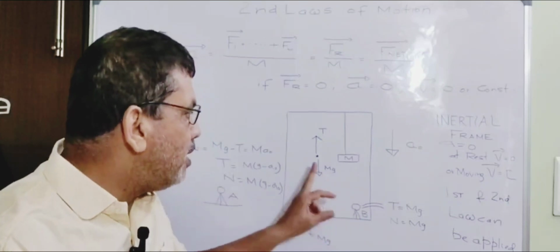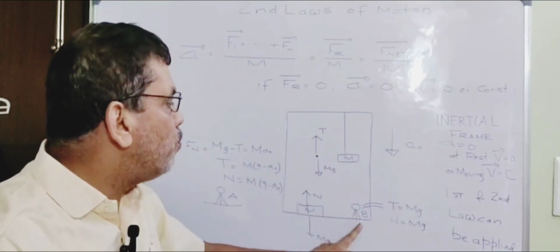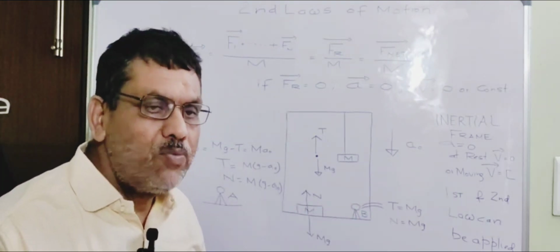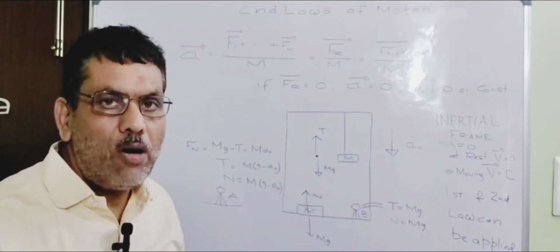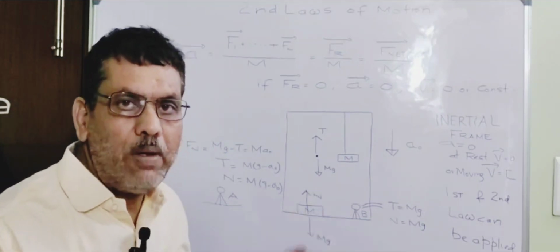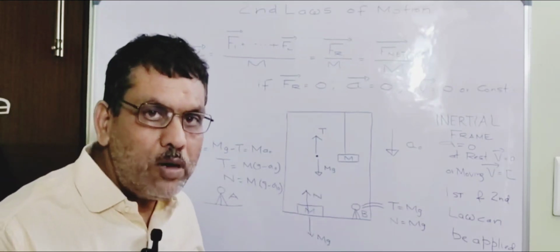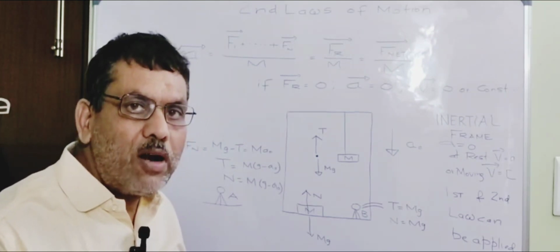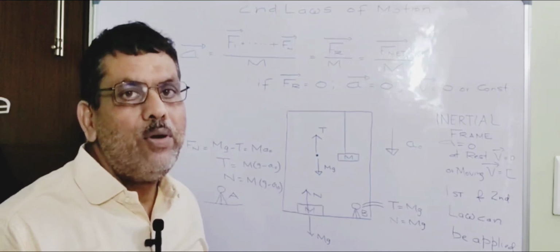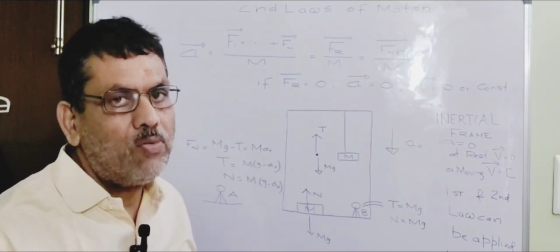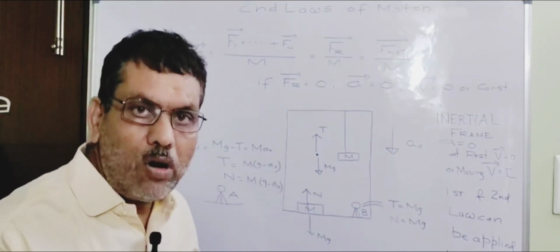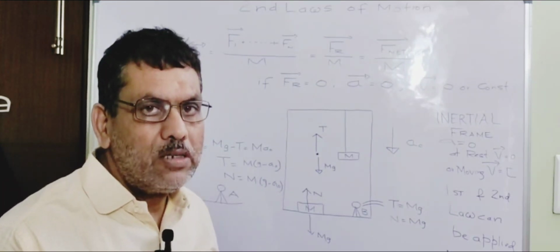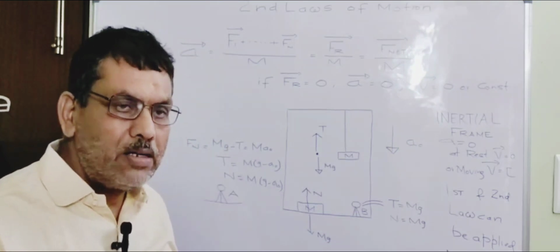Since B is sitting inside an accelerated frame, we'll apply a pseudo force here. The pseudo force acts on the object in a direction opposite to the direction of acceleration of the frame, and its magnitude is mass into the acceleration of the frame. After applying the pseudo force, we can apply Newton's second law or first law directly in the non-inertial frame. So in a non-inertial frame, while writing Newton's laws of motion, we have to apply a pseudo force.